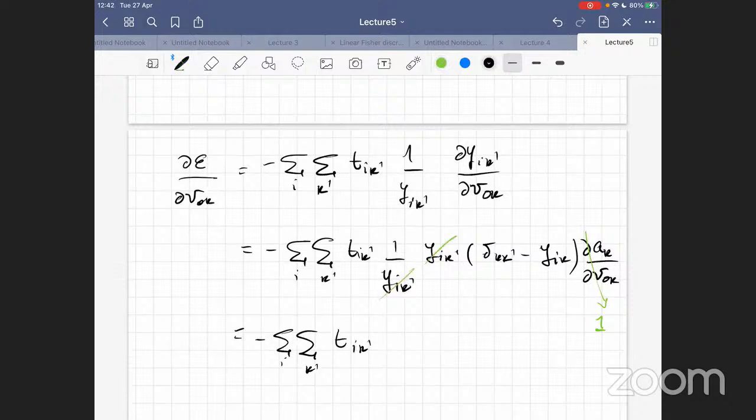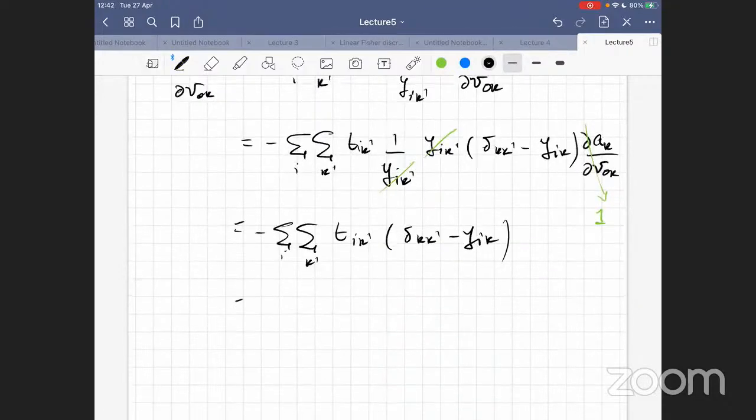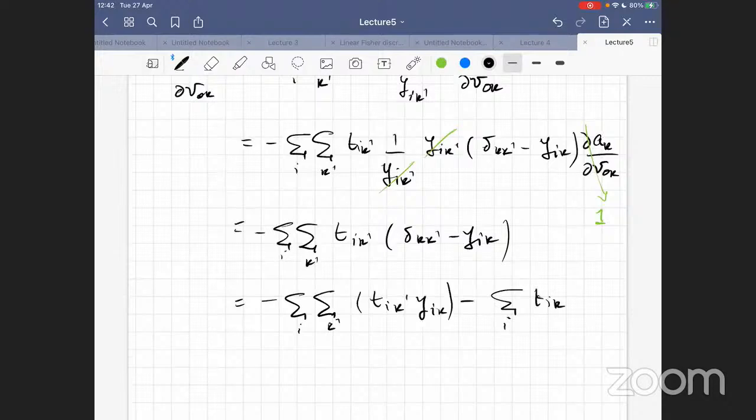So t_ik' times this, which is the same as the sum over k' of t_ik' times y_ik minus the sum over i of t_ik. Okay, I'm just opening the sums.